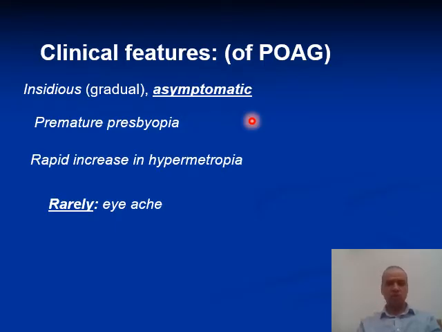Other symptoms include early presbyopia, I mean before the age of 45, which usually occurs in a normal person, and those people might change their glasses faster than other people because of rapid development of hypermetropia. The most important point is that those people don't complain of ocular ache or headache, because the rise of intraocular pressure is usually gradual.